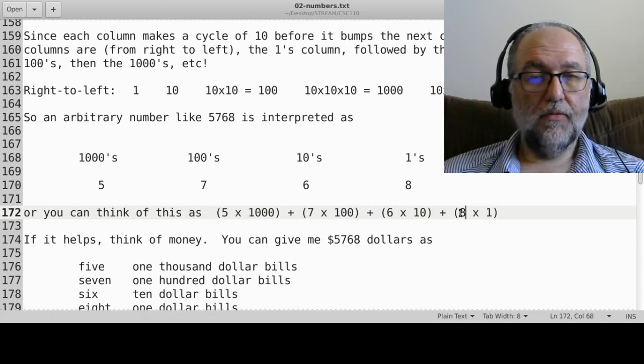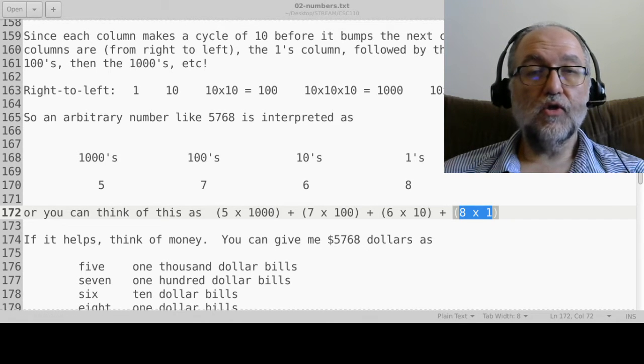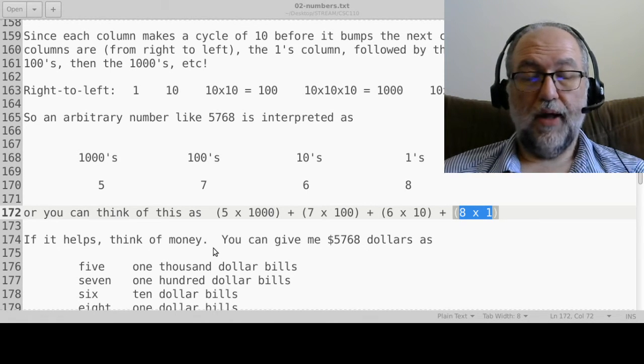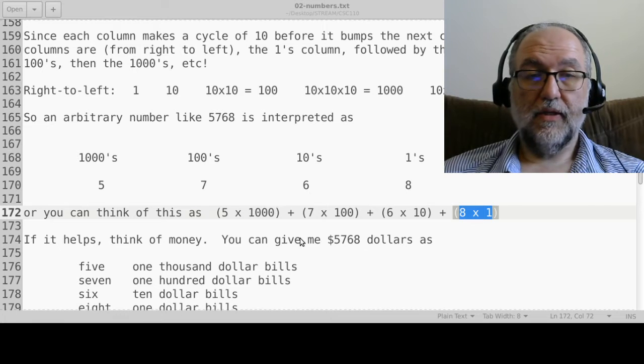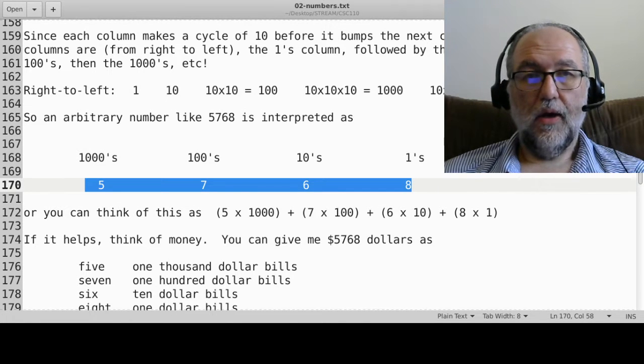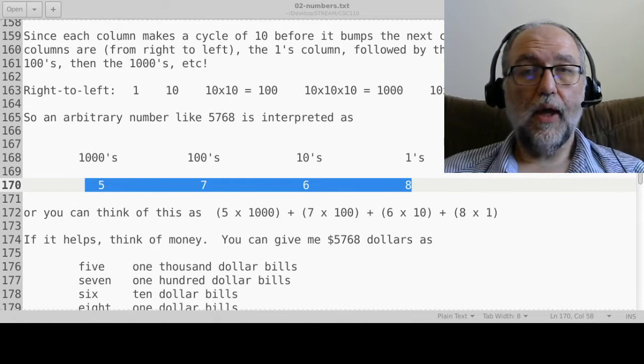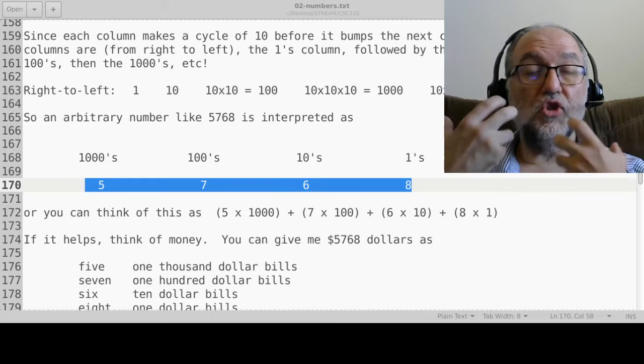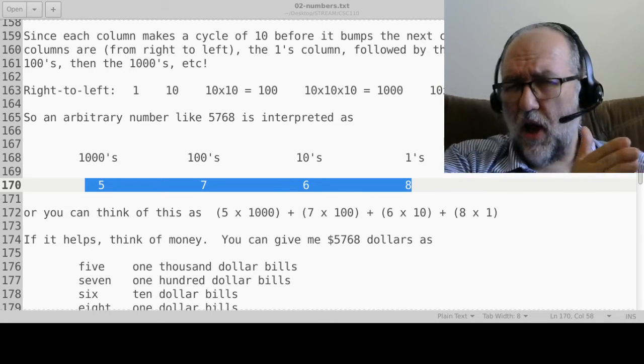And then finally, you've gone through 8 groupings of 1. And so that number, if you multiply it out, 5 times 1,000 plus 7 times 100 plus 6 times 10 plus 8 gives you this number right here. That's trivial, and you go, well, why did you show me this? Just so you understand how these columns work.